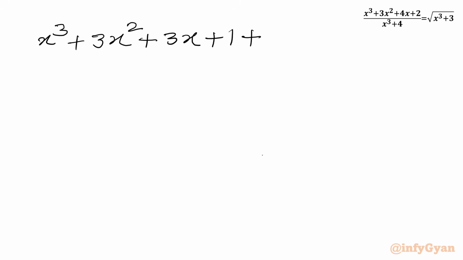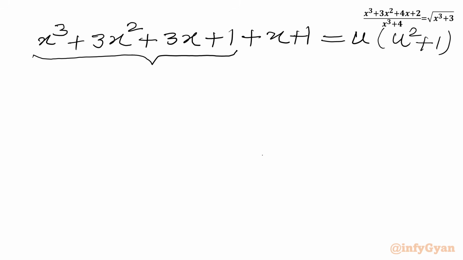So 4x plus 2 would be 3x plus 1 plus x plus 1. And in RHS we have u times u square plus 1. Now from these four terms, we can easily write this is x plus 1 whole cube. So here I can write x plus 1 whole cube. Then we have x plus 1 term.